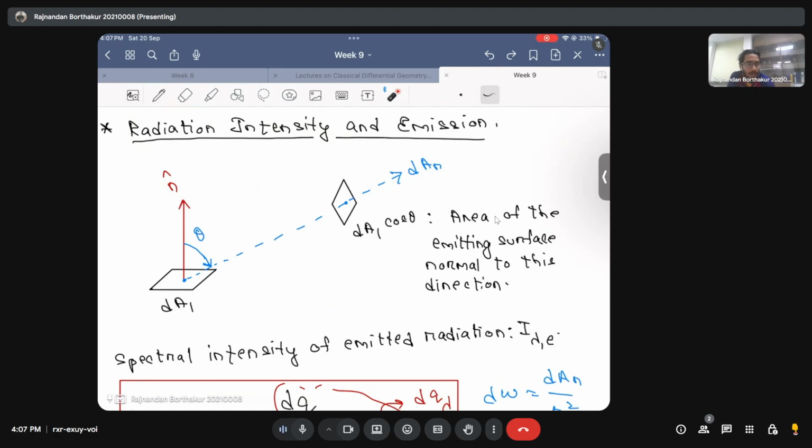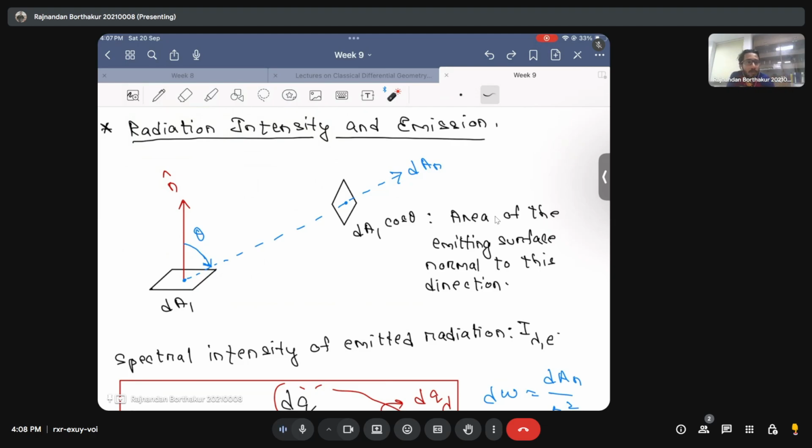The reason we are defining these two is that, as I said, there are subtle differences, and I would say the most fundamental quantity of interest is not the emissive power but the intensity of radiation. So emissive power actually comes from the definition of intensity of radiation, and that's why we will separately define the intensity of radiation. Then we'll try to quantify the emissive power.